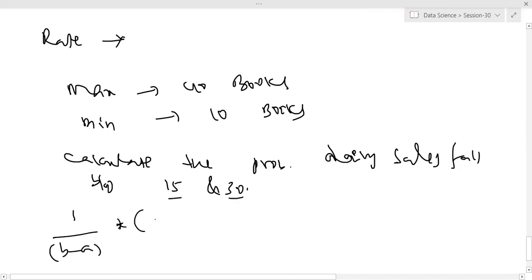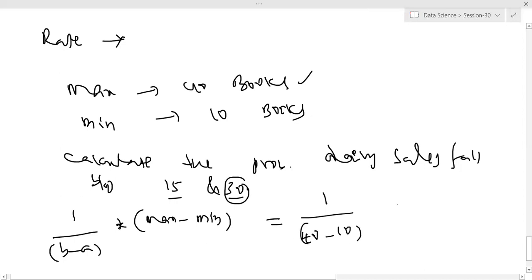I want the maximum value between 15 and 30, and this is the minimum value. Simple formula, that's all. So what is your b, friends? 40, from the maximum books. And what is our a parameter? 10.